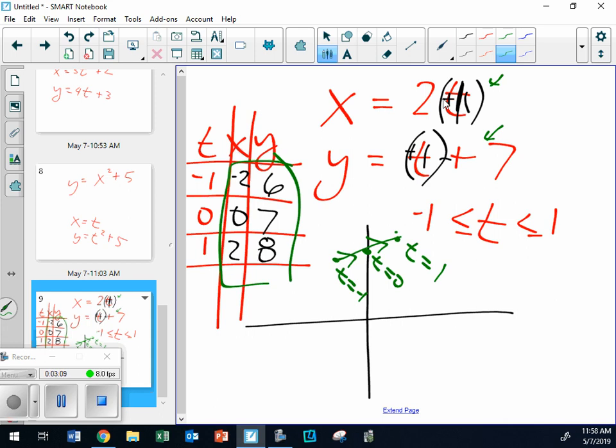Not only does it have direction, but it also has a start and an end and the time it was at each spot. That's better than a normal graph. A normal graph would only have these 3 dots, and you'd know an x and a y. Here you know an x and a y and a t. And you know where it was at certain times, and you know where it started and ended.